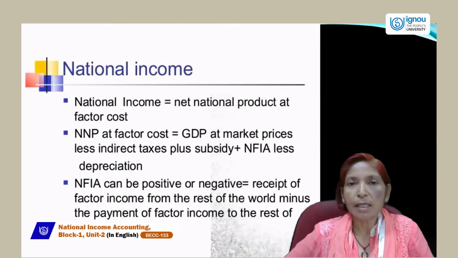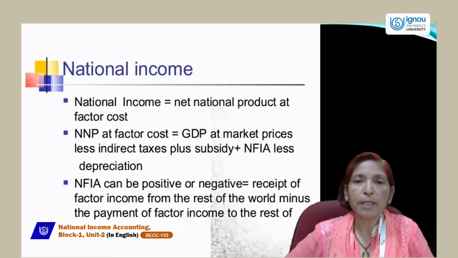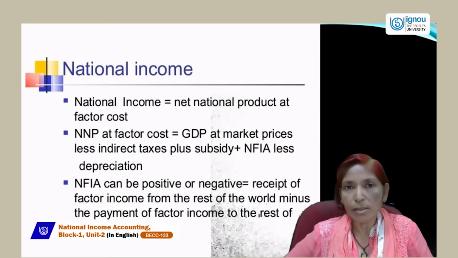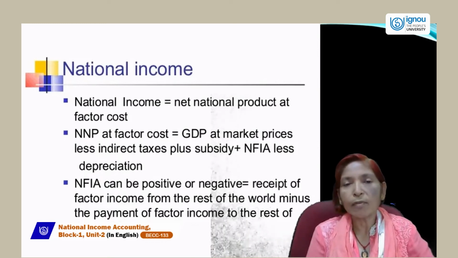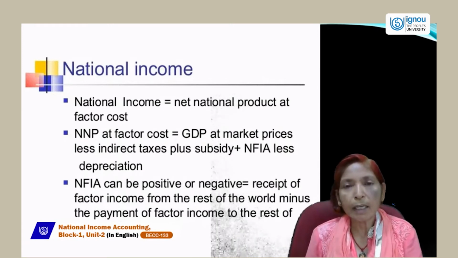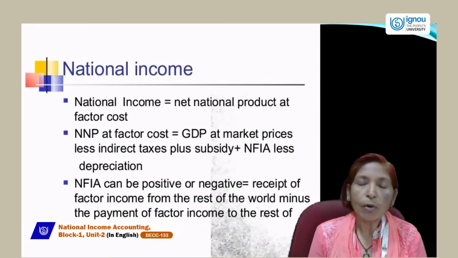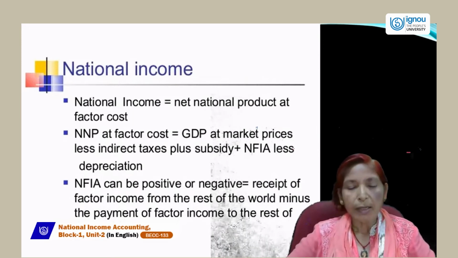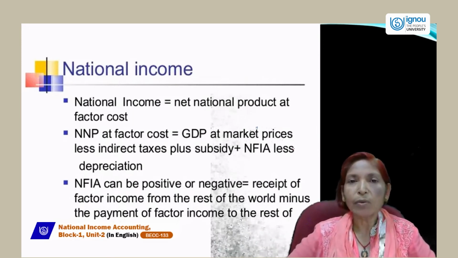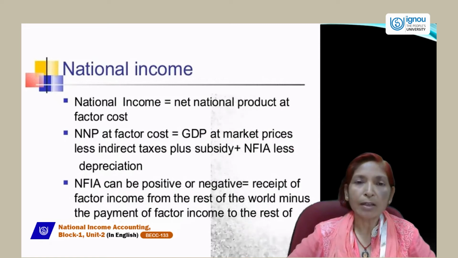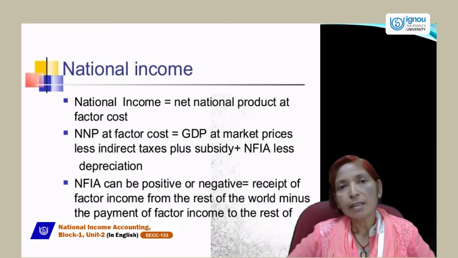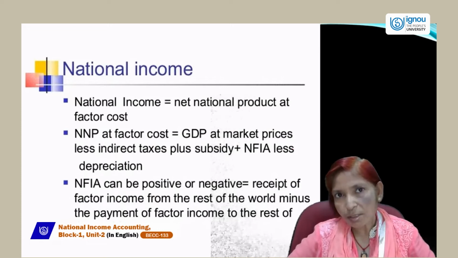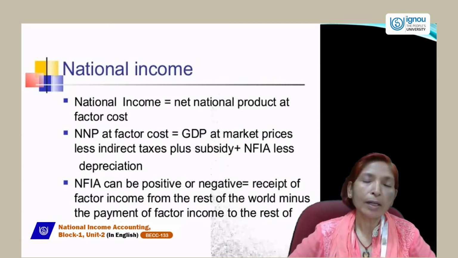So gross minus depreciation is equal to net value, and net plus depreciation is equal to gross. So gross can be converted into net and net can be converted into gross only by taking depreciation value. If we add this depreciation value to net value, then we can get gross. And if we deduct depreciation value from gross, then we can convert it into net.